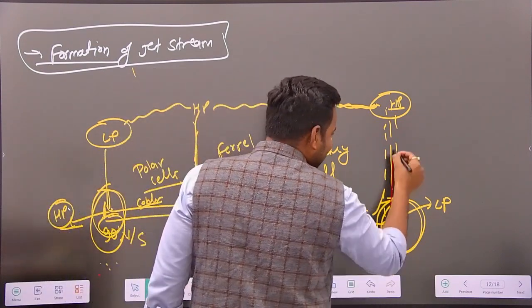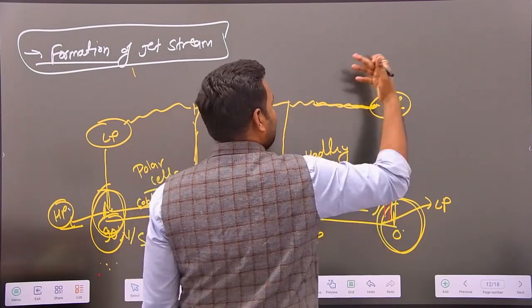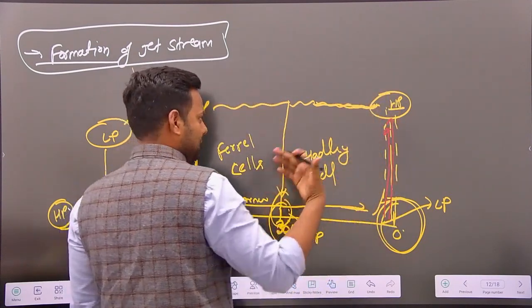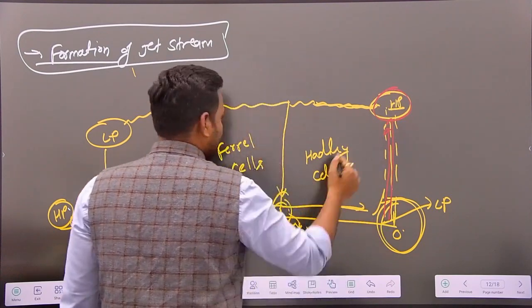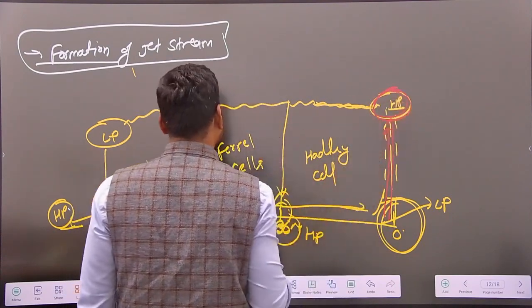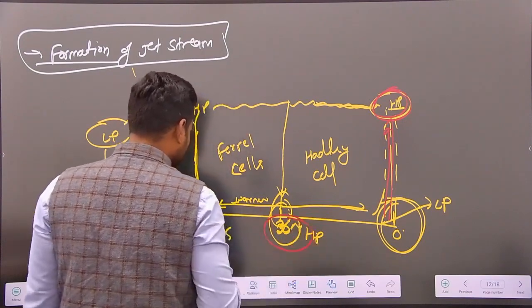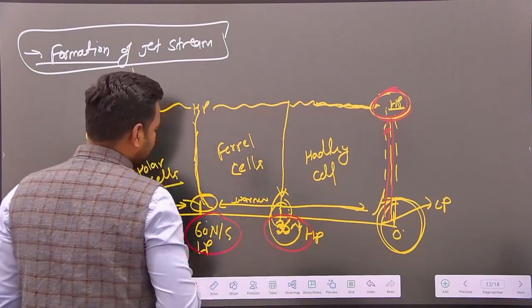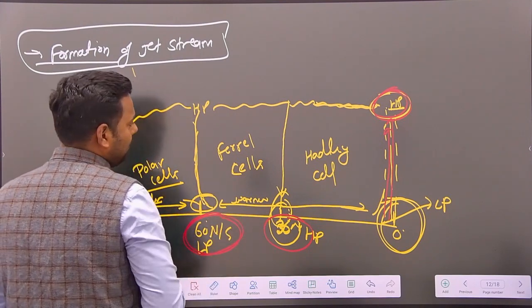Here is the rising air, and at a certain height near the troposphere it cools, and here is the high pressure, and here is the subtropical region, and here is the temperate region or the subpolar region. Around 60 degrees is called the subpolar region.